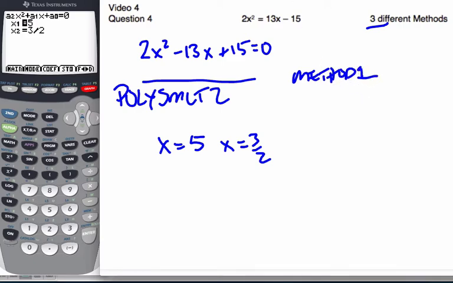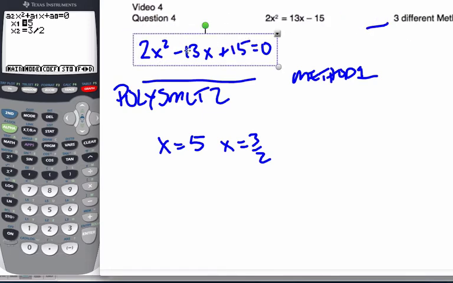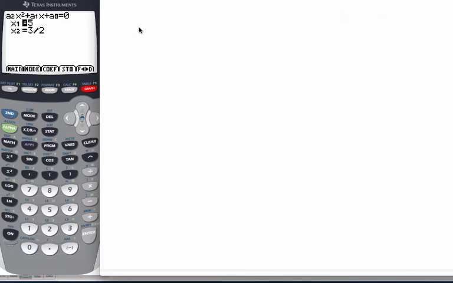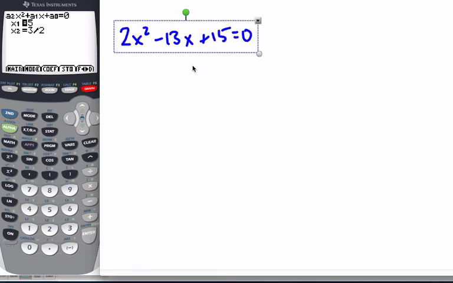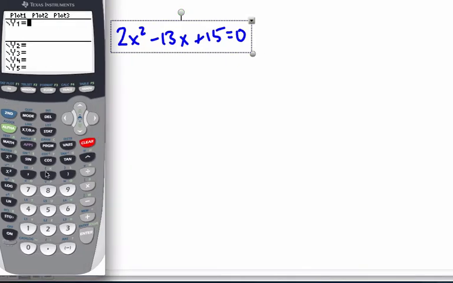All right, so the other method that we do sometimes, let's take my equation here. This is the equation. My next method is going to use my calculator. So 2x squared minus 13x plus 15.